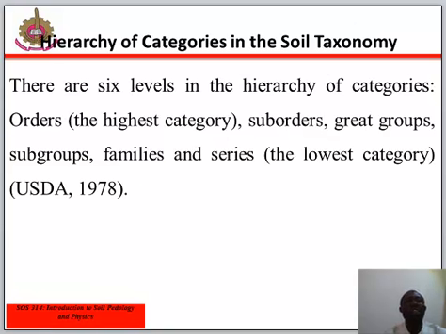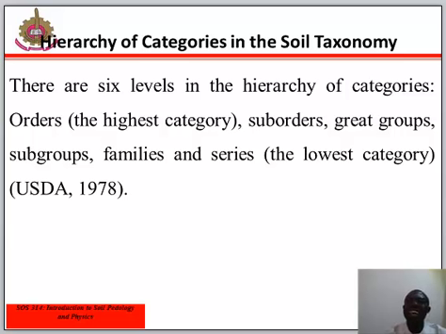The hierarchy of categories in the soil taxonomy are orders, which is the highest category, sub-orders, great groups, subgroups, families, and series. We will take them one after the other.